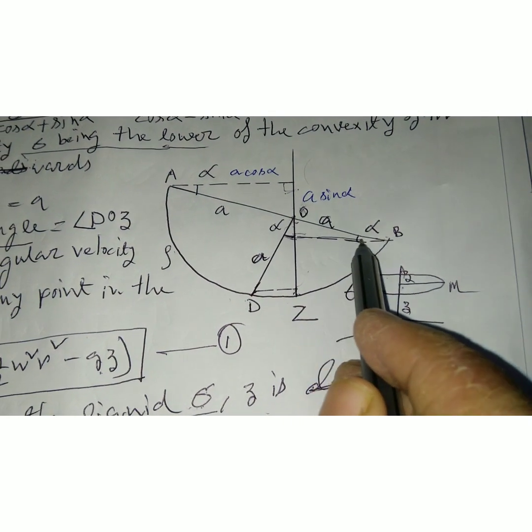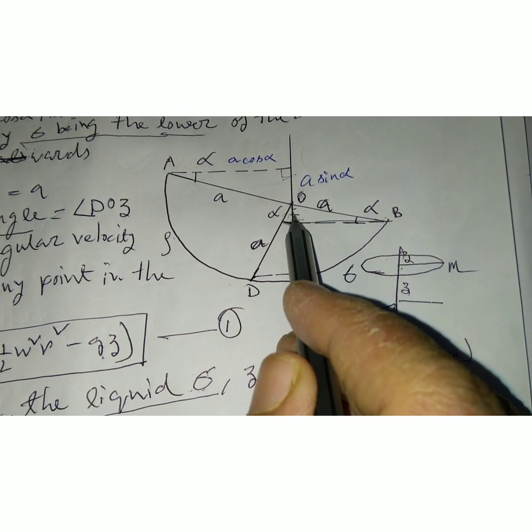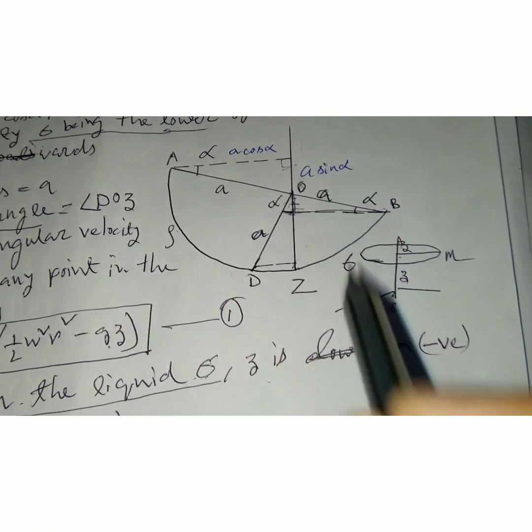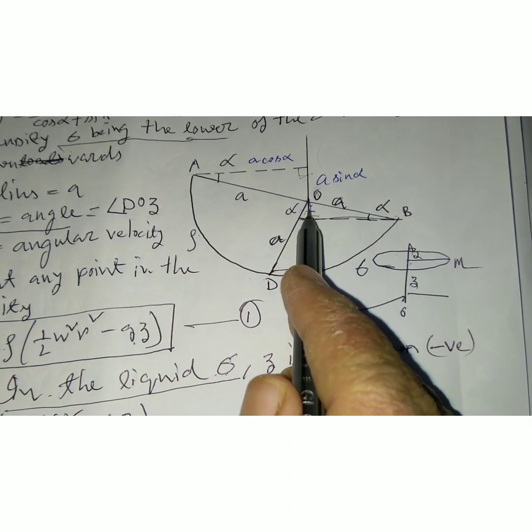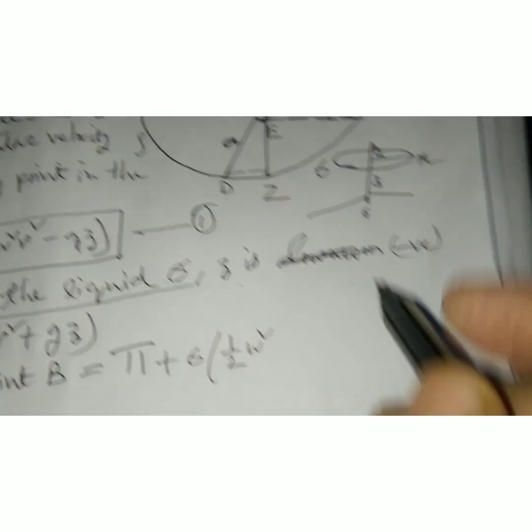Z is according to the height of the Z. This is height. This is OZ. So height is this portion. I will write here E, OE.